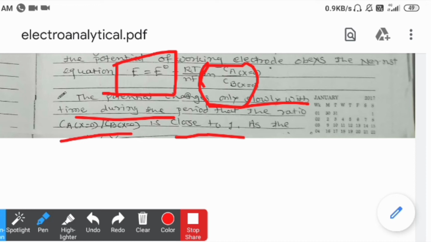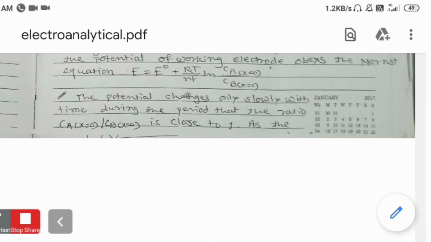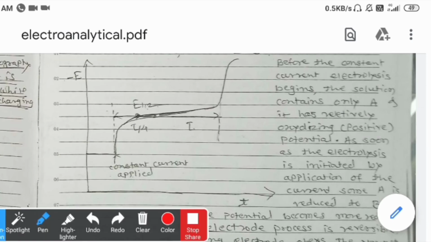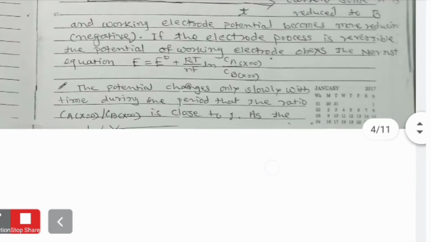We are much more interested in the E0 value because it is characteristic of that particular element, and also E1/2 is characteristic of the element in a particular oxidation state. These two values are quite specific, so they are used for elemental analysis.